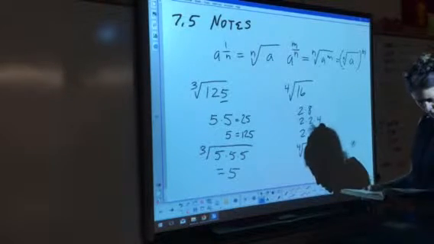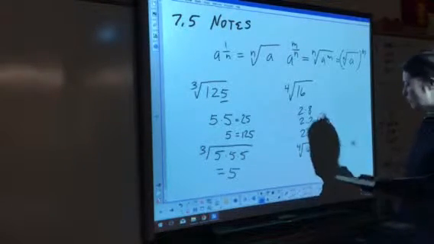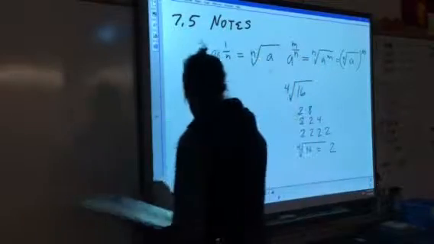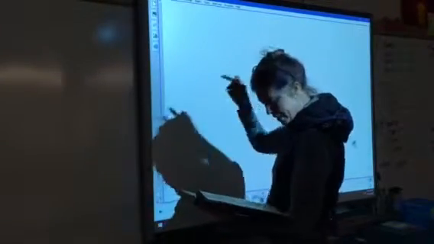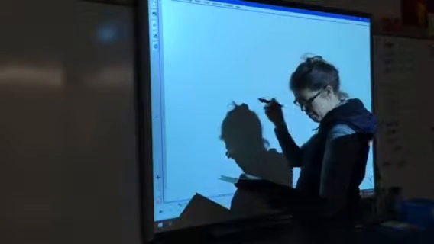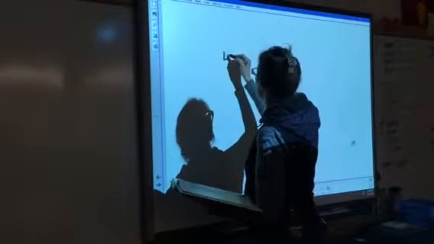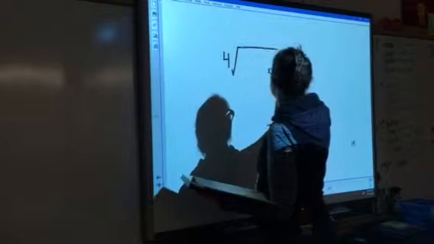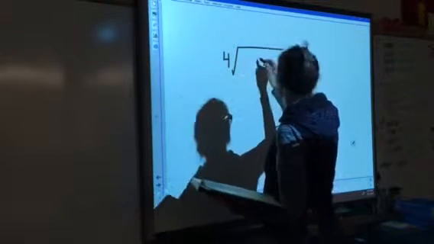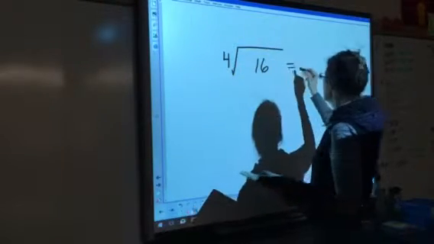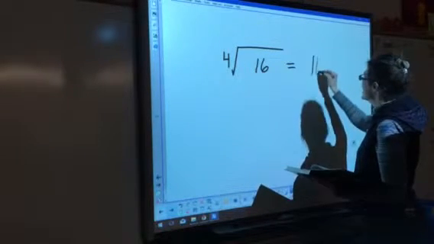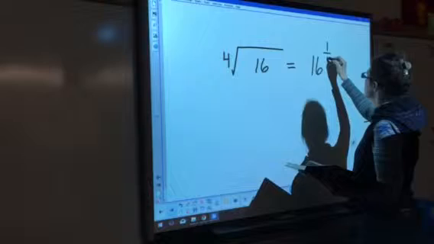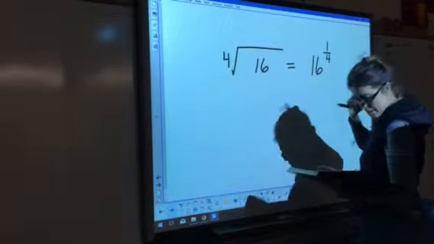All right? In that, they also give you a second example. So let me show you that. So the second example is where the 4th root of 16 can also be written, watch this, as 16 to the one-fourth.